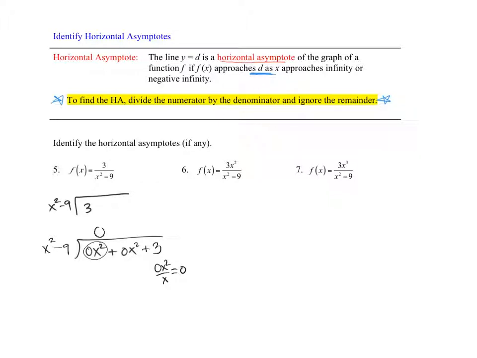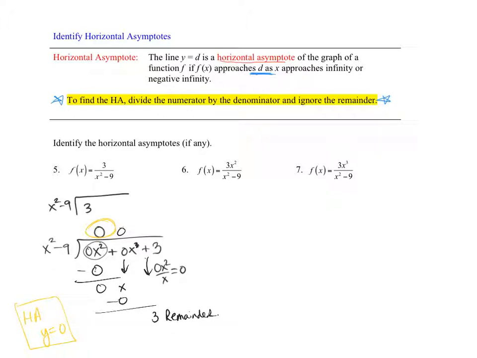So it goes in 0 times, and then we would take 0 times the divisor. You get 0, subtract that, bring down your x terms. It would go in 0 times, okay, bring down the 3. So you end up with a remainder of 3. The quotient, this 0, that is your horizontal asymptote. So y equals 0 is the horizontal asymptote.